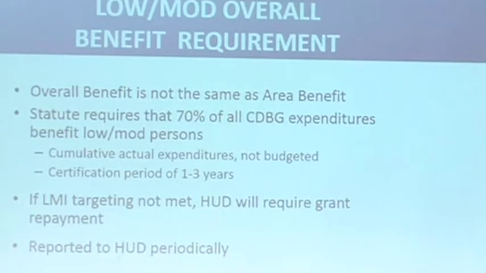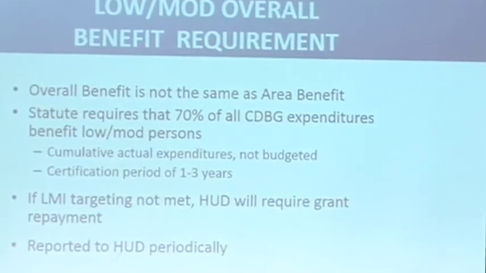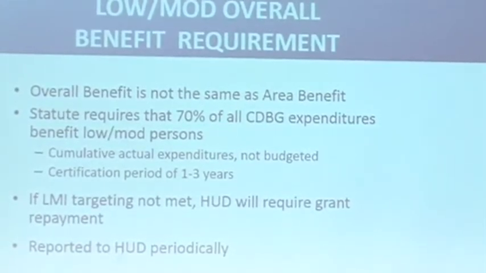So the low and moderate income overall benefit requirements are not the same as area benefit. The low mod overall requirements are 70% of your grant allocation, not inclusive of admin. So if you subtract admin and you have $100 of grant money, $70 must be used for low and moderate income households or families.